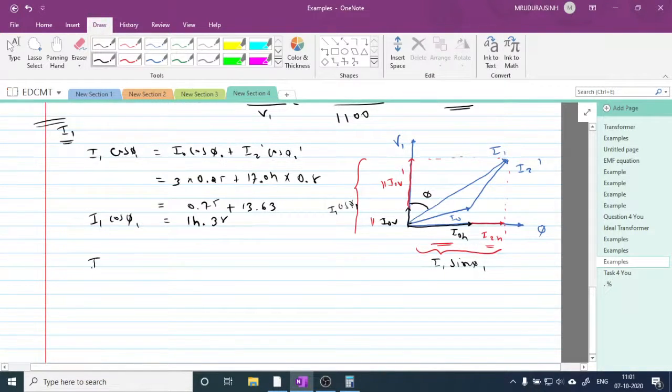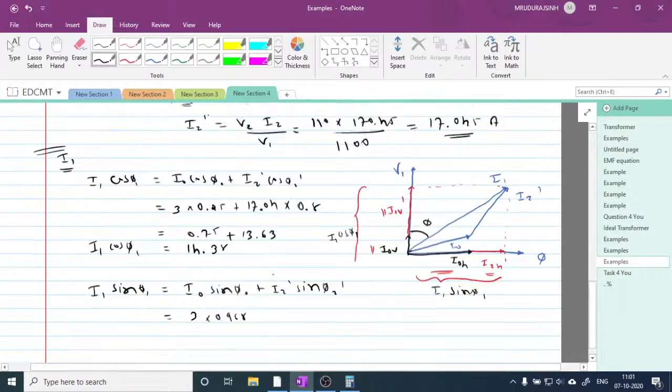I1 sin phi 1 is equal to I0 sin phi 0 plus I2 dash sin phi 2 dash. I0 is 3 ampere, when cos phi is 0.25, sin phi is 0.968, right?